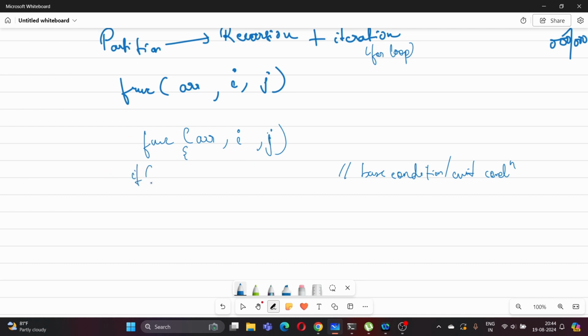What is the simplest base case condition? If I is greater than or equal to j, then return. Simplest condition. If the starting point becomes greater than the ending point, what is the point then? So this is the best condition in most of the cases.